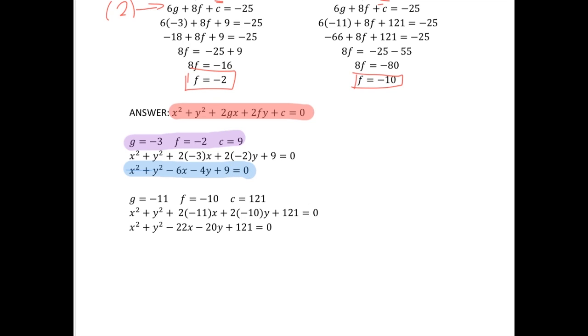If we take our second set, g equals -11, f equals -10, c is equal to 121, our answer is x squared plus y squared minus 22x minus 20y plus 121 is equal to 0. So in this equation here and this equation here, we have our answer.